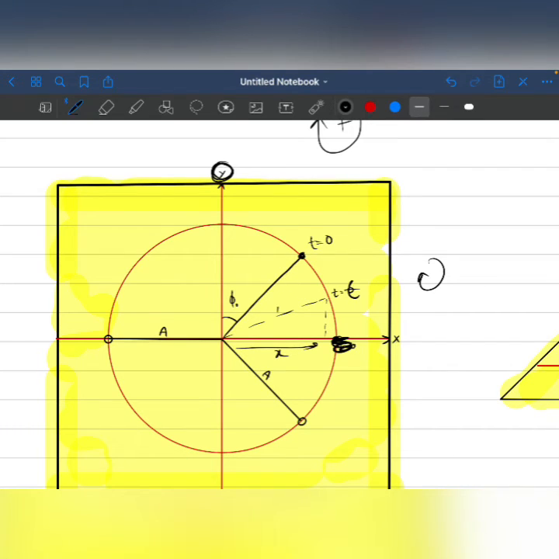We know that this is a, we also know that this is a, and it is going omega t displacement as I have shown you before. So now look at this. This will also be equal to x, right? Now this entire angle is what? Omega t plus phi. So sine of (omega t plus phi naught) equals x by a, or x equals a sine(omega t plus phi naught). We got the answer.